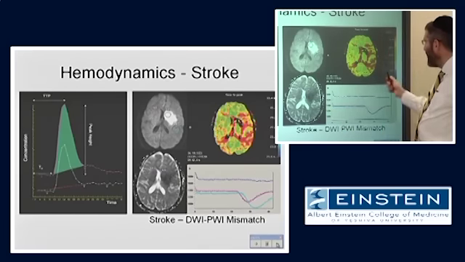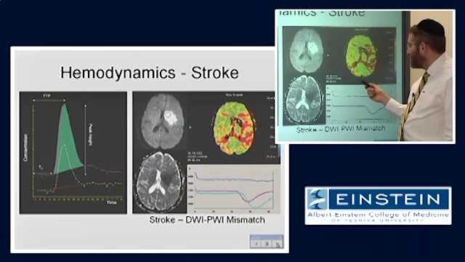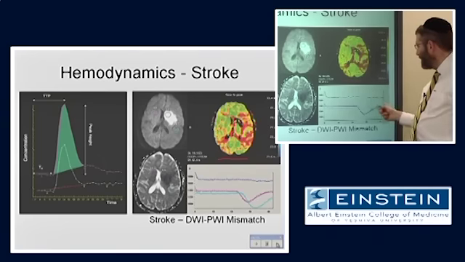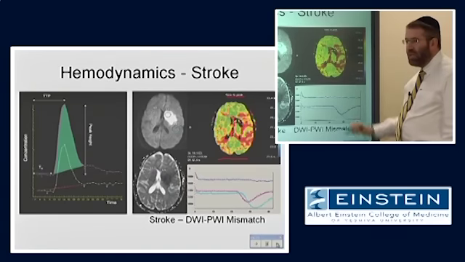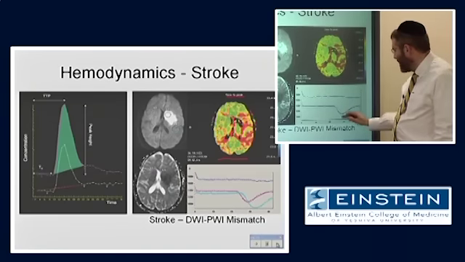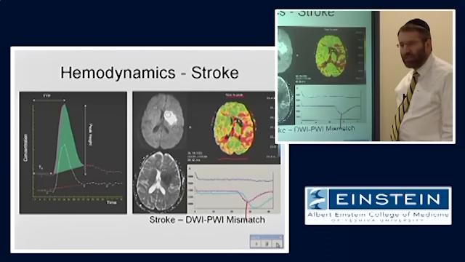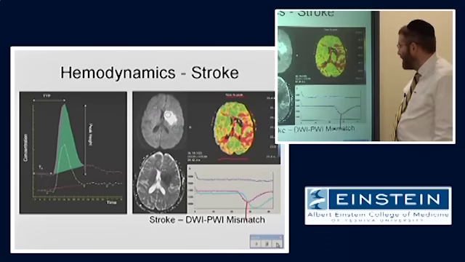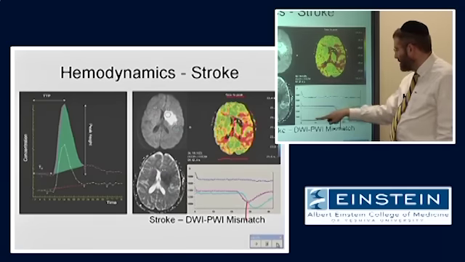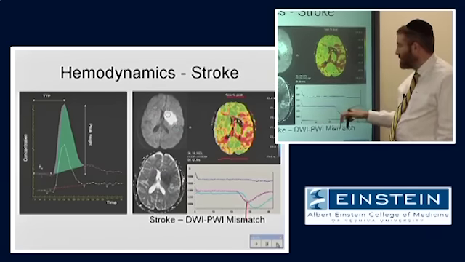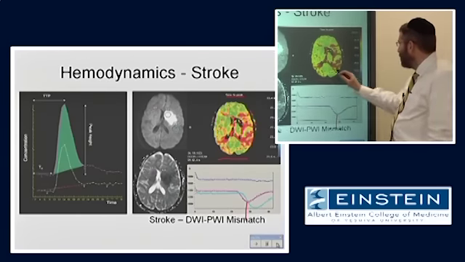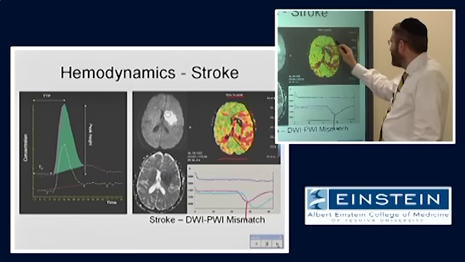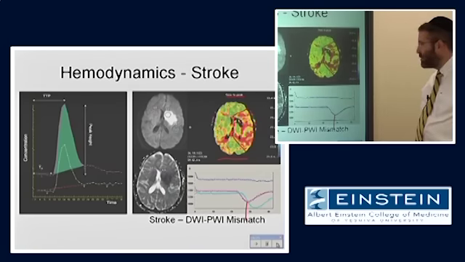If we look at a hemodynamic image, what we've done to create this image is compute a curve like this for every single voxel in the image and measure, in this case, the time to peak for every single voxel, the time to get to this greatest deflection of the hemodynamic curve. Make a quantitative measurement in seconds for each of those voxels and plot it on a color scale. So our time to peak is longest in this middle cerebral artery territory on the left side.